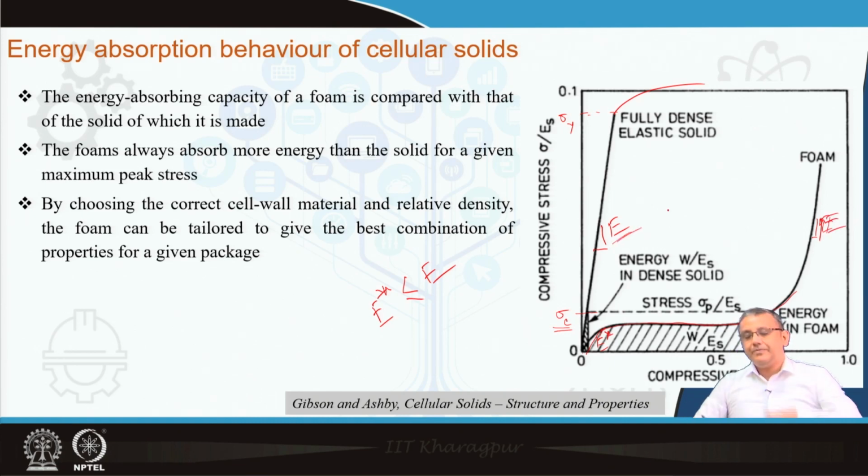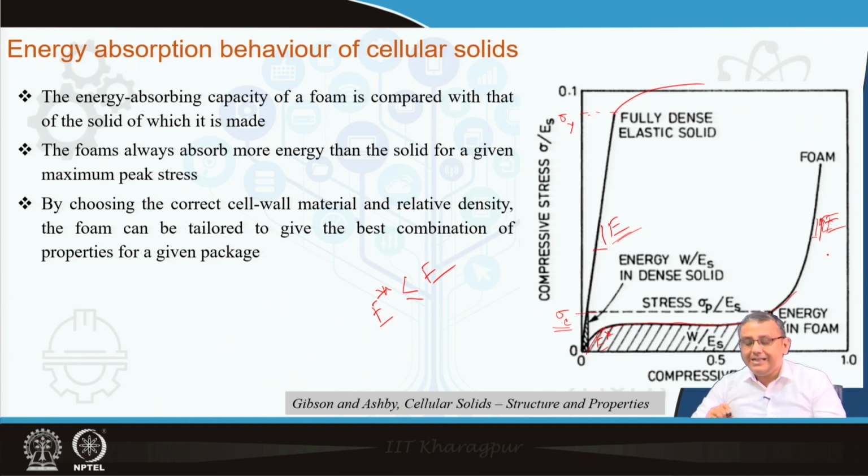That means, when the opposing cell walls of the foam are touching each other, the foam starts densifying, and the local modulus tends to the value of the modulus of the bulk material, and this region is called the densification region.